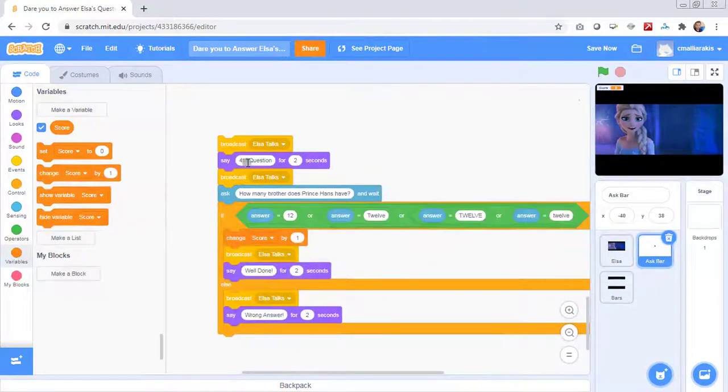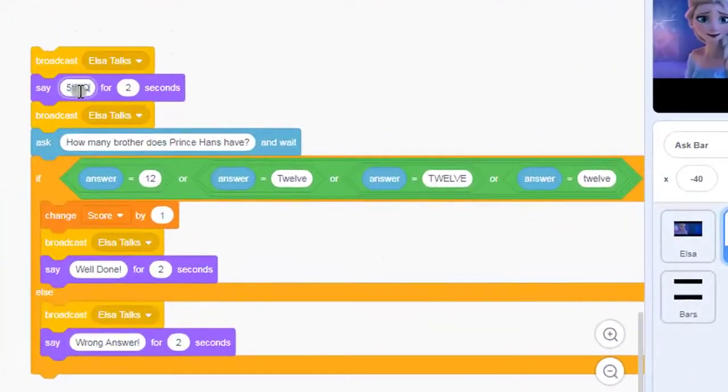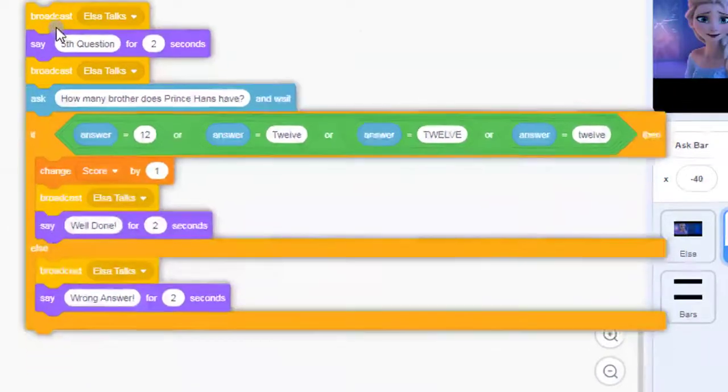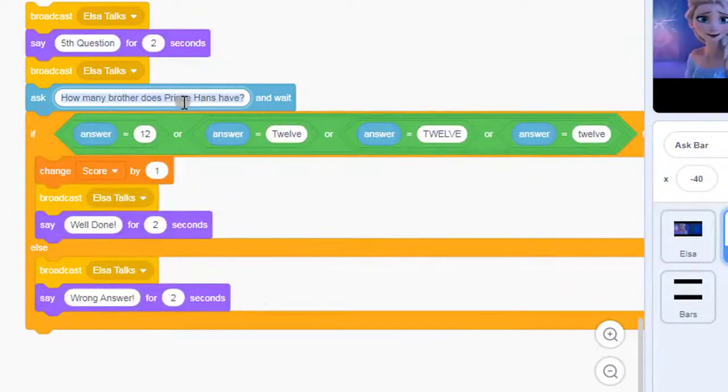I will add a fifth question. The fifth question will be even more tough. I will write here, who says love is putting someone else's needs before yours?